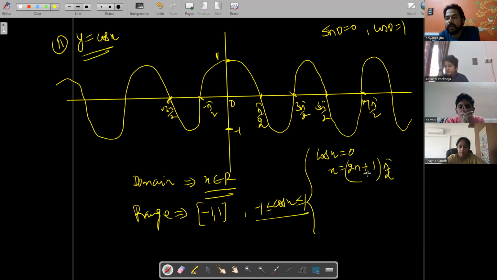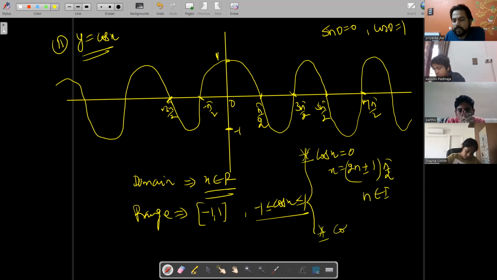But sine becomes 0 at integral multiples of pi: 0, pi, 2 pi, 3 pi, 4 pi and like that. Cos becomes 0 at every odd multiple of pi by 2. 2n plus 1 is also odd and 2n minus 1 is also odd, so you can take any. Where n is an integer, it can take any value: positive, negative, 0, anything. So you have to remember this.